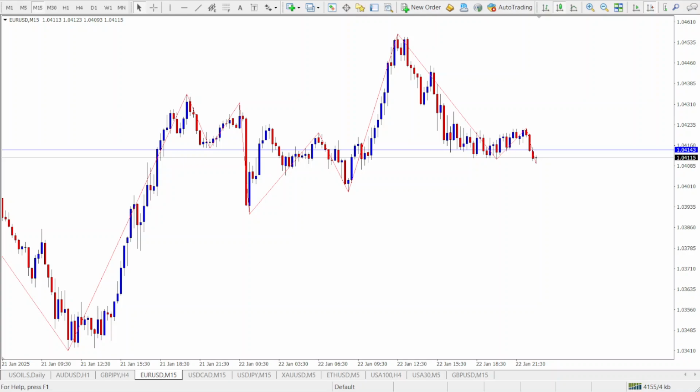If it is the MetaTrader 5 terminal, it's going to be MQL5. Then you enter Indicators. In the indicators folder, you copy the downloaded file and paste it.